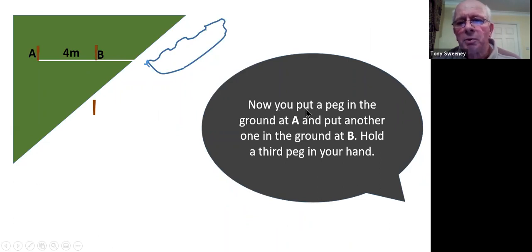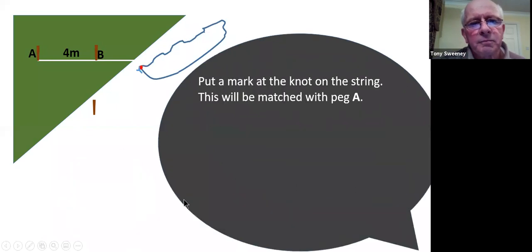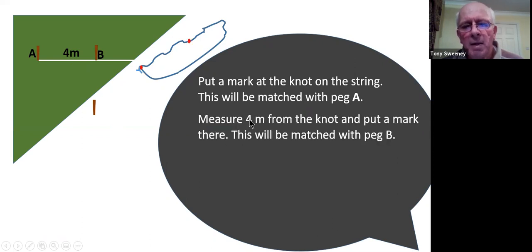Now, you put a peg in the ground at A, here, and put another one in the ground at B, here. Hold a third peg in your hand, this one. Put a mark at the knot on the string. This will be matched with peg A. Measure 4 meters from the knot and put a mark there.